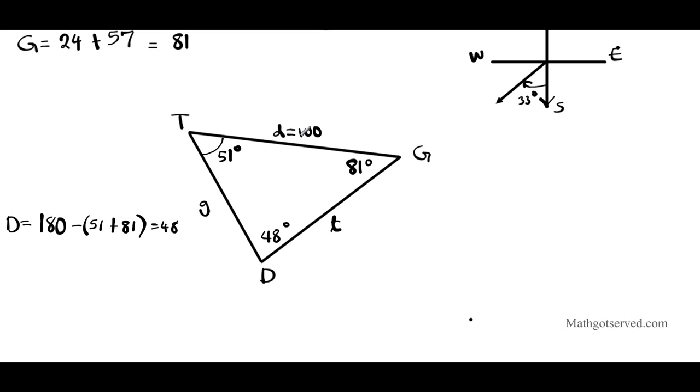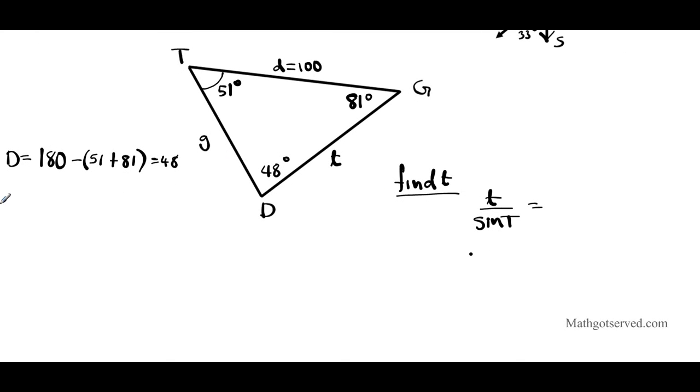Now we have one pair, so it's sufficient for us to use the law of sines to find little t. So to find little t, we're going to write t over sine big T equals, now the second ratio will be the pair that we know. So we have little d over sine big D. Let's substitute the values we know.